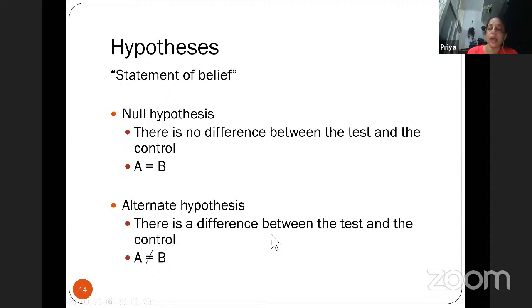So you want to accept the alternate hypothesis. This is what we mean by hypothesis testing using a null hypothesis and an alternate hypothesis.